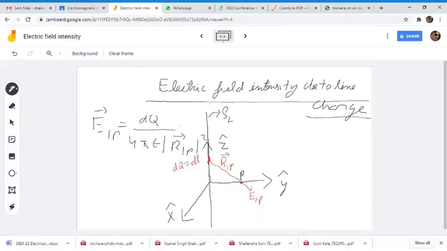It will be inversely proportional to the square of the distance between this charge and P and in the direction of R1P. So here we can write our R1P. What will be R1P? Vector R1P will be the position vector of point P, RP, minus R1.